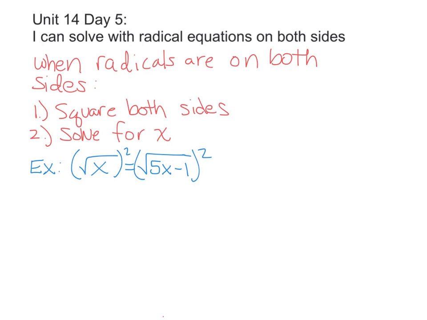So we square the square root and we've got x. Over here we square the square root and we have 5x minus 1. Then it's just a solving problem. How do we get x by itself? Well, we have to move to one side. Let's minus x here. So we've got 0 equals 4x minus 1.